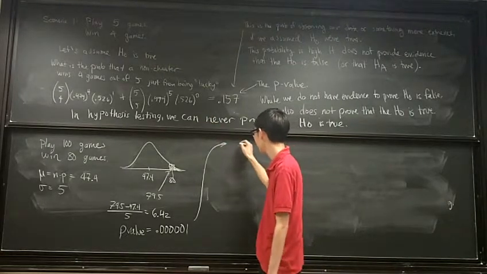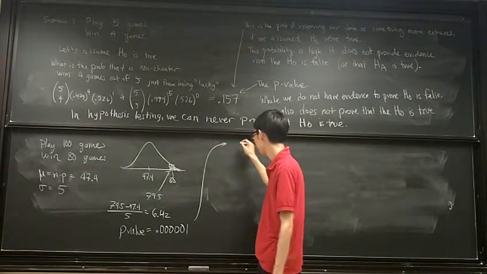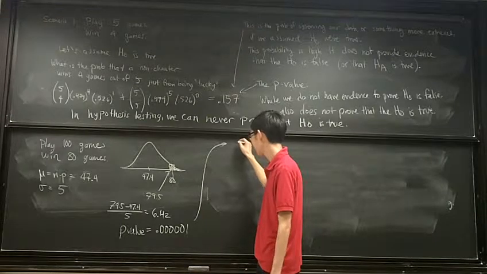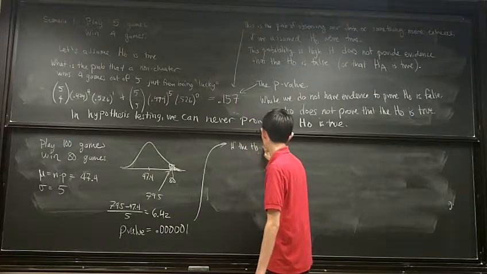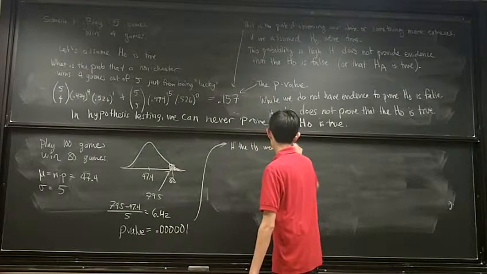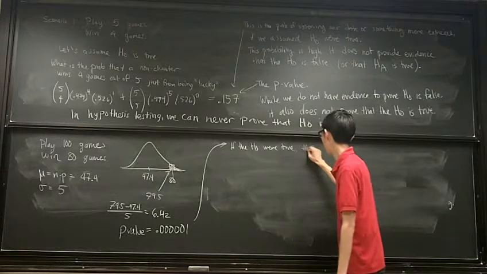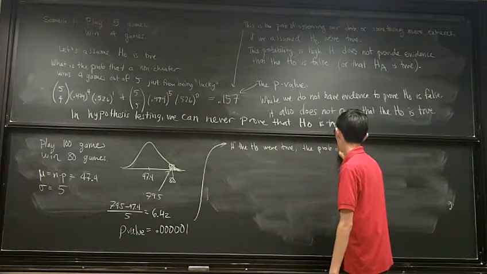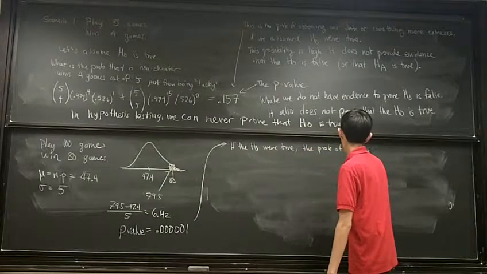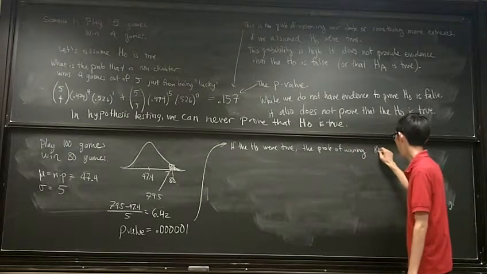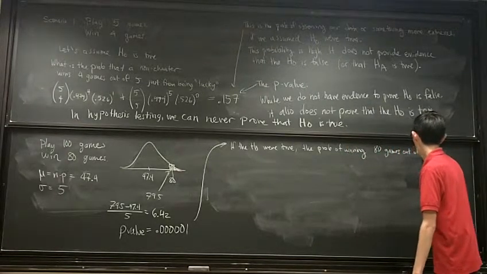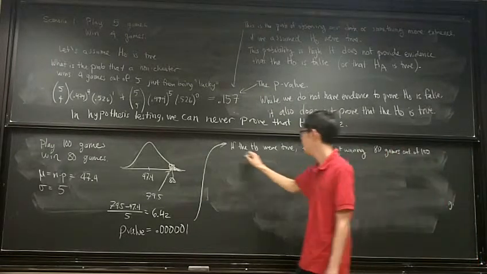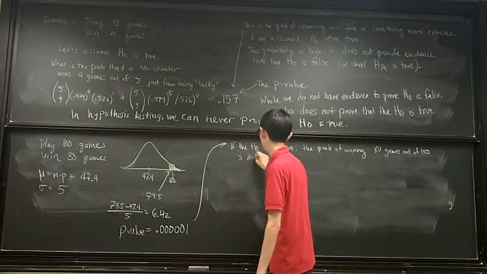So with a p-value like this, this says that if the null hypothesis were true, so if I'm not cheating, the probability of winning 80 games out of 100 is about 1 in a million.